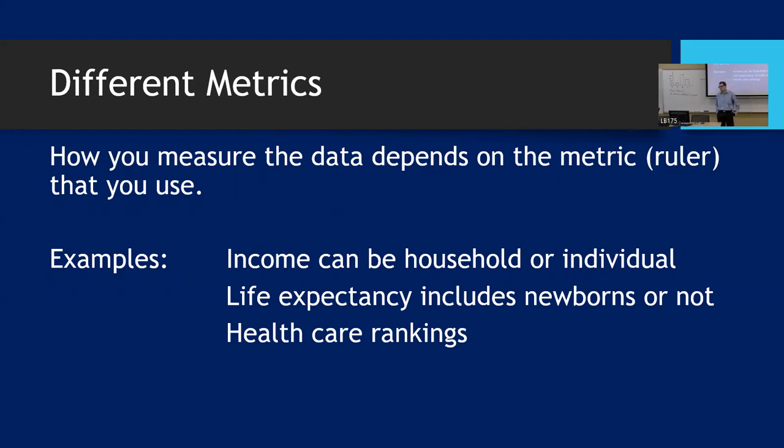So a subtle difference in the metric, how you measure something. A metric is essentially kind of like a ruler. So if I'm looking at income in the United States, I could measure income per individual, like per person, or I could measure it per household.